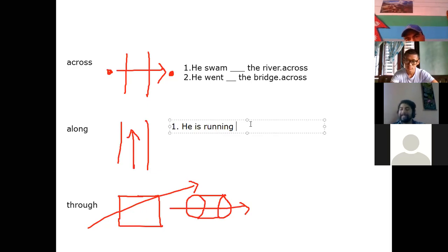We must not forget its primary purpose. Understood? Very good.